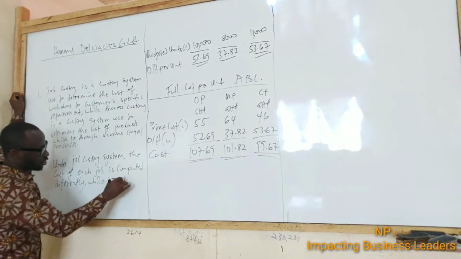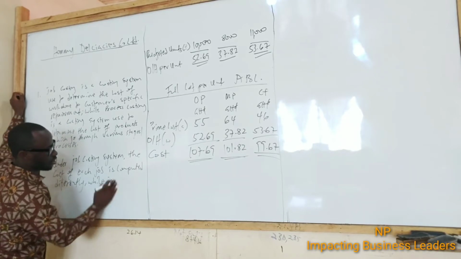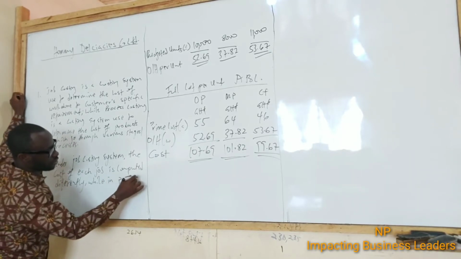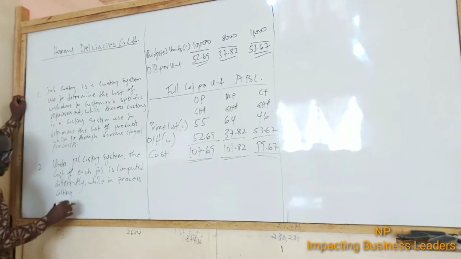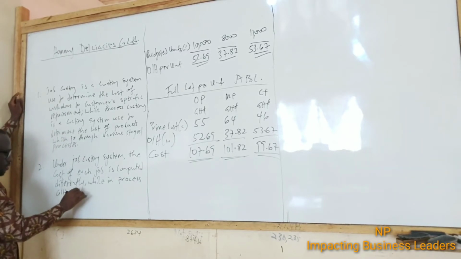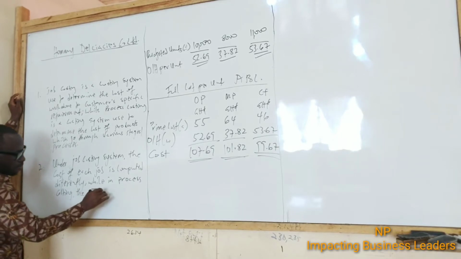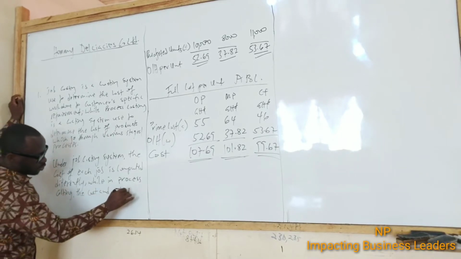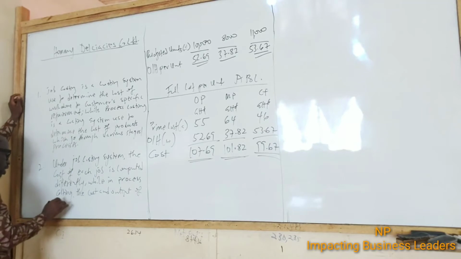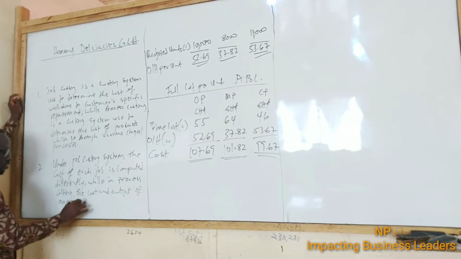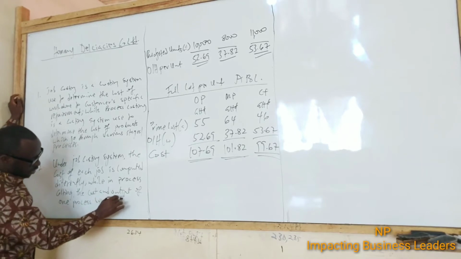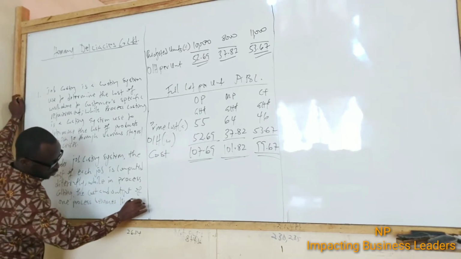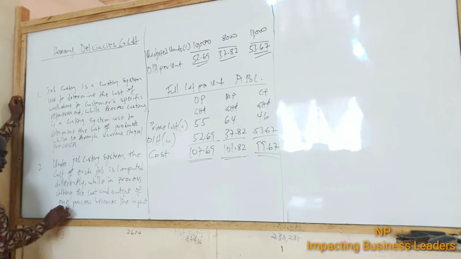Whilst in process costing, the cost and output of one process becomes the input of another process, of the next process.